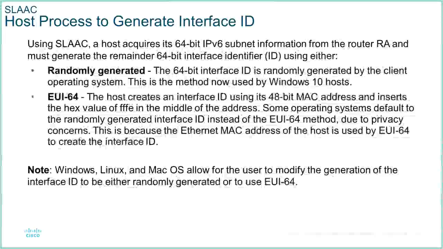It can use either a randomly generated 64-bit interface ID, which is the method used by Windows 10 hosts, or it can use an EUI-64 method, which uses the device's MAC address and inserts FFFE into the middle of that MAC address, converting it into a unique 64-bit interface address.